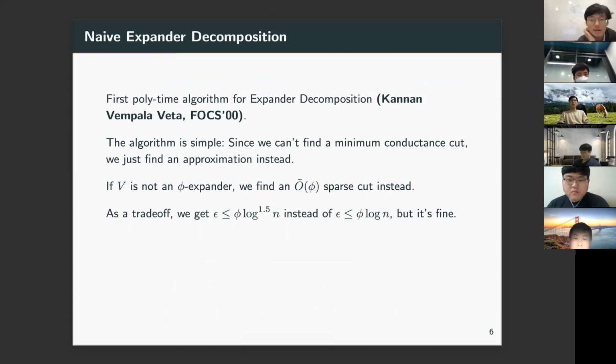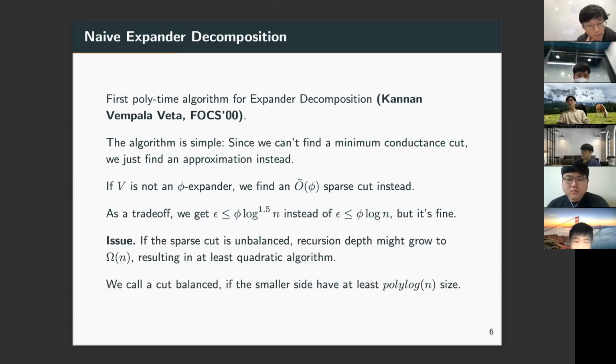So you get square root of phi more overhead, but that doesn't really matter because it seems very hard to get a phi log m decomposition. But the issue is that if the sparse cut is unbalanced, then the recursion depth might grow to n. So it results in at least a quadratic algorithm.